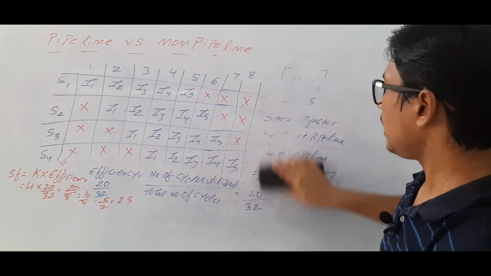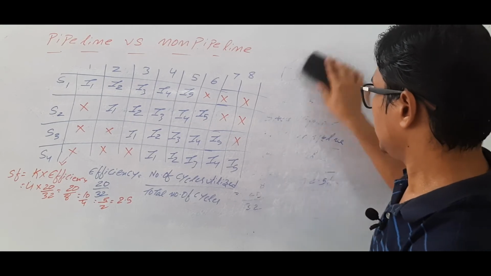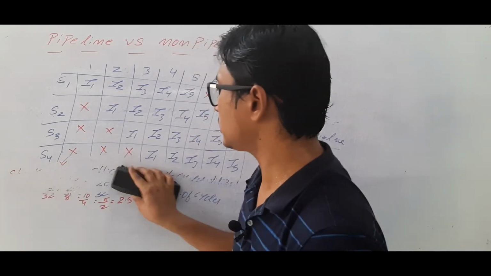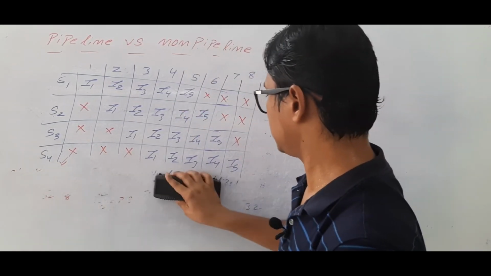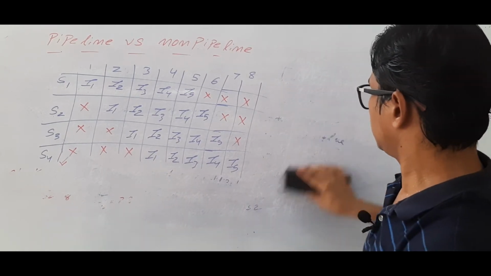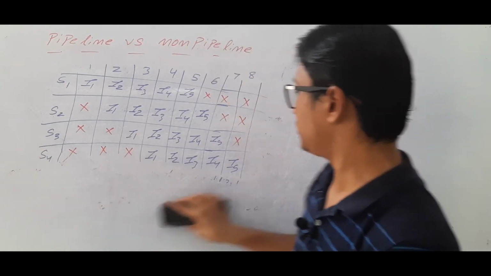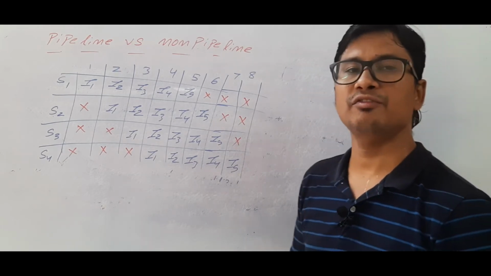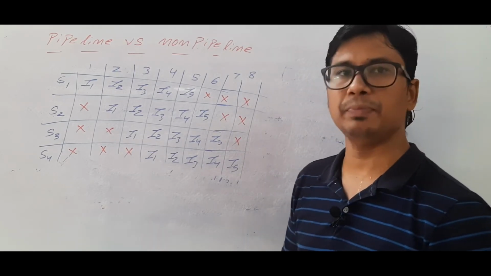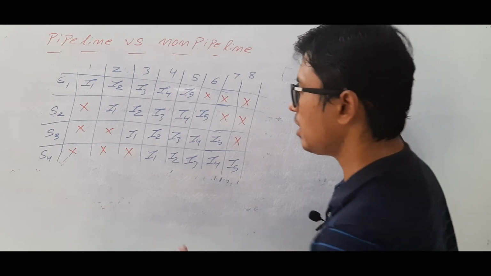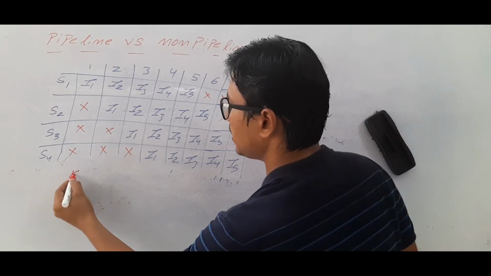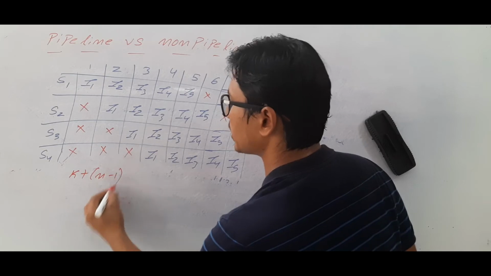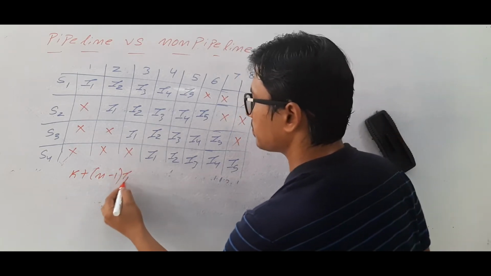Okay. Now let me discuss another important terminology. Now if you see how much time it has taken for using the pipeline, how I can write it is (K + N - 1) into Tp.